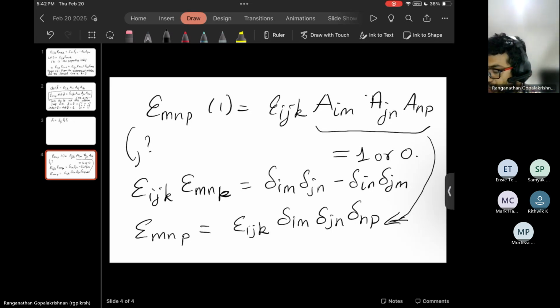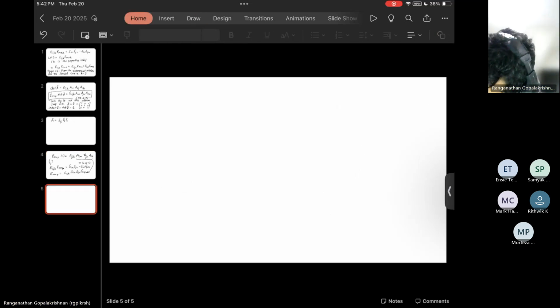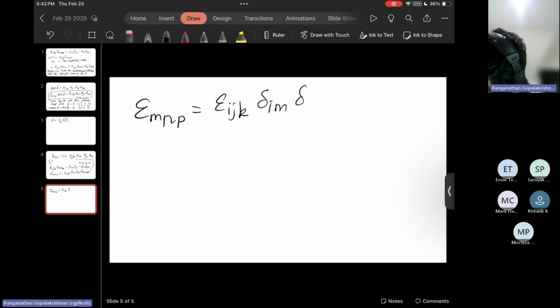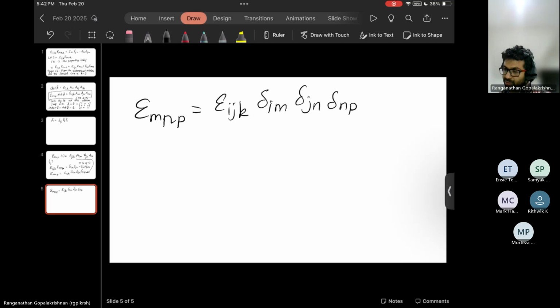Okay. So then I have epsilon mnp, just rewriting it here, epsilon mnp equals epsilon ijk delta im delta jn delta np. What do I need?